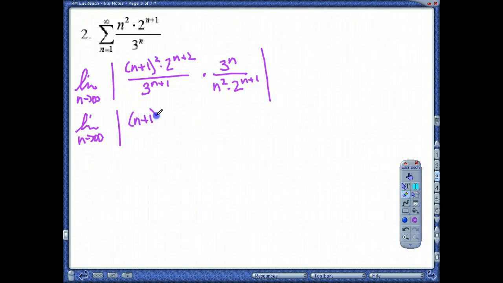So I have that 2 to the 1 squared. This is going to cancel and leave me with a 2. Well, this guy's going to cancel and leave me with a 3 on the bottom. So I have a 2 up here, and I have a 3 down there, and I have that n squared.